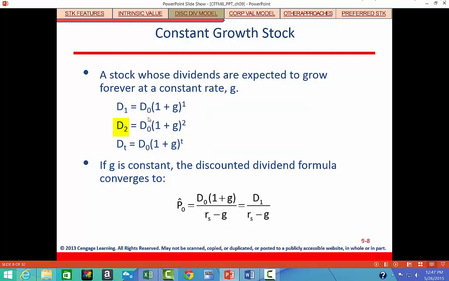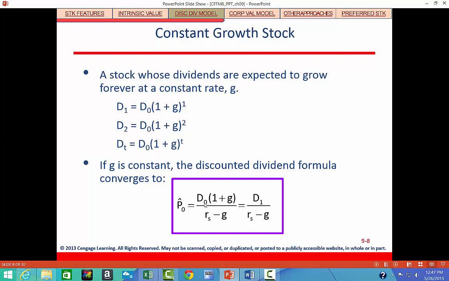And so you can find dividend 2 by taking D0 times 1 plus the growth rate squared. So this is just like future value equals present value times 1 plus I raised to the n. So if you can assume that there's a constant growth rate, then this price formula is converted to a short formula that's easy to use. And you can see here it's stated two different ways.